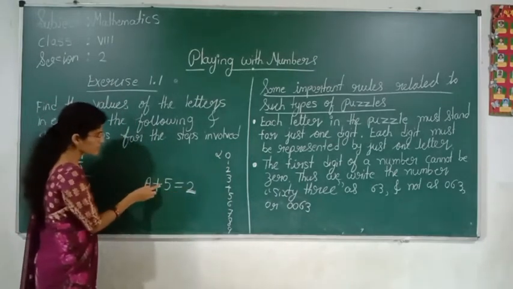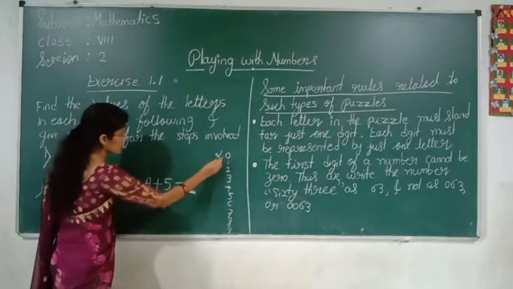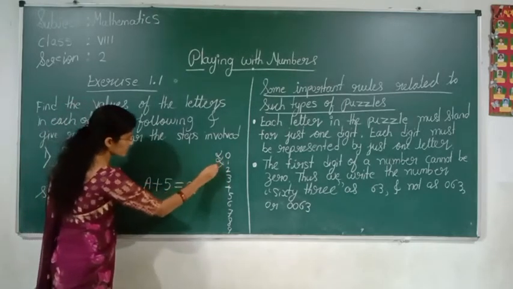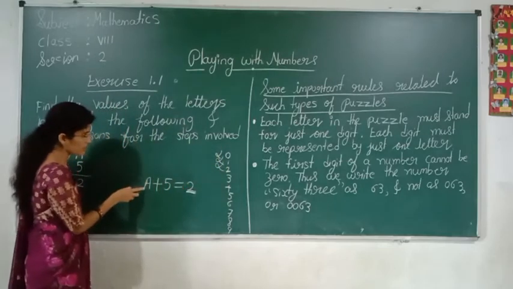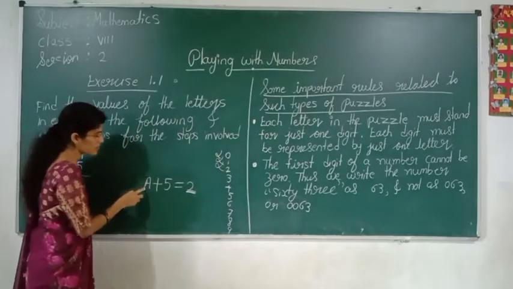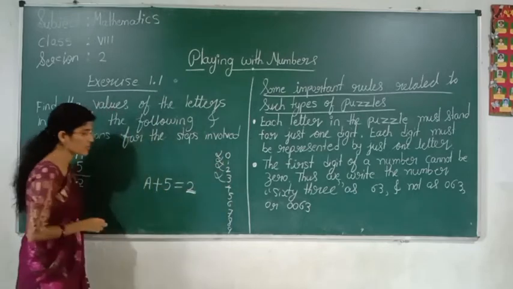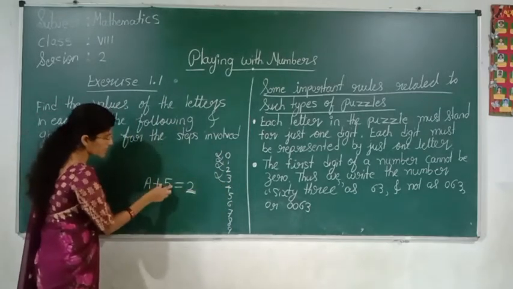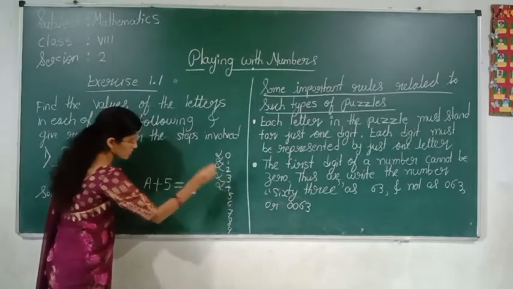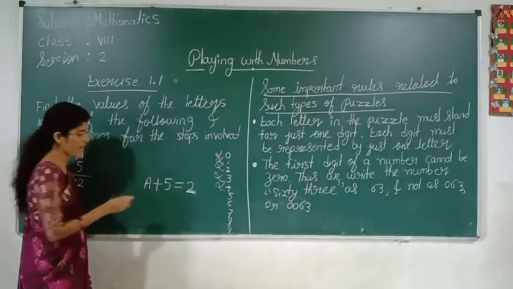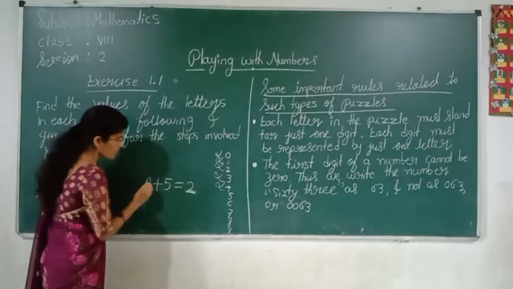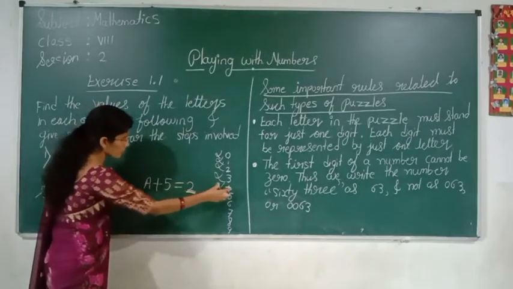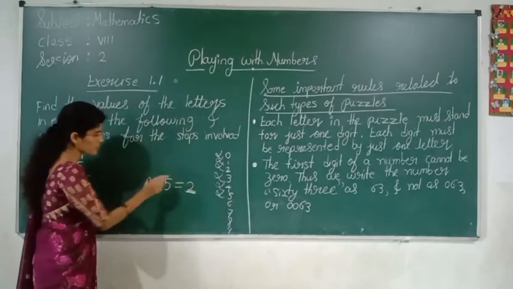If I do 1 plus 5, I am getting 6. If I substitute 2 plus 5, I am getting 7. This is also not working, right? If I put a value 3 plus 5 is 8. This is also not working. If I took a value 4 plus 5, sorry, 4 plus 5 is 9.